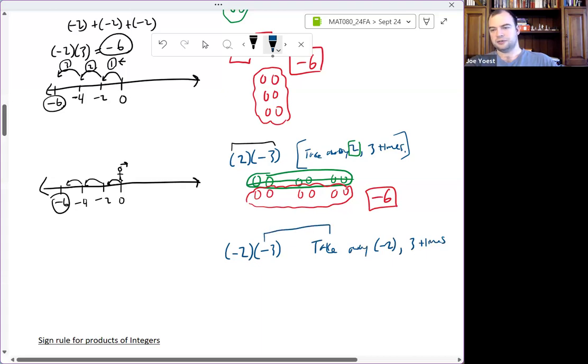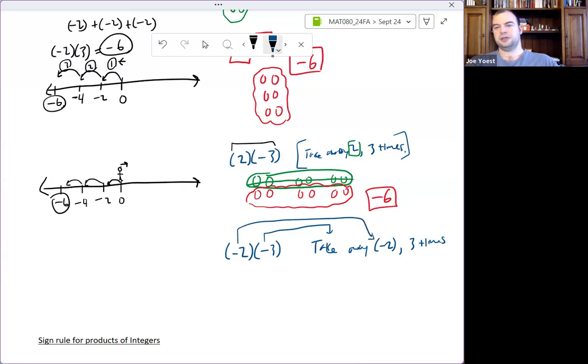So this negative converted the add into the terms take away. And this -2 is the thing that we're taking away, right? This negative made a take away, and this +2 was what we took away.